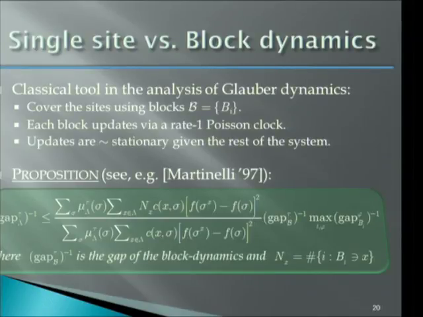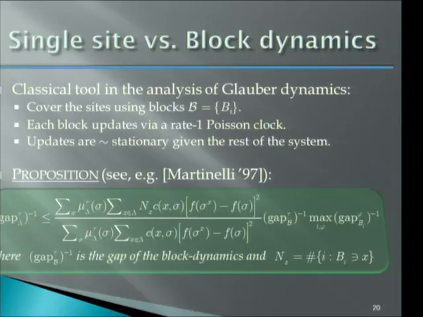So you think of the following: instead of just taking one site at a time, let's partition the graph into blocks. And now the move is exactly as before. What did we do in the single-site Glauber dynamics? We picked a site, we erased its value, and then we wrote a new value from the stationary distribution conditioned on the rest. Now we do exactly the same, just for an entire block.